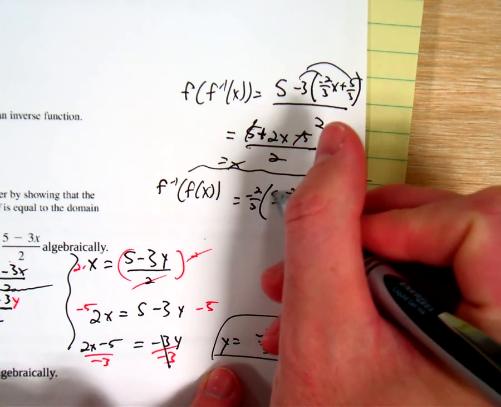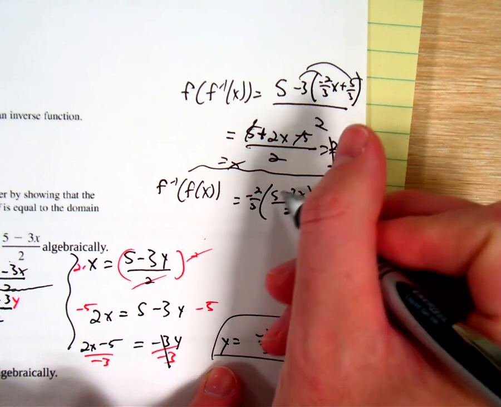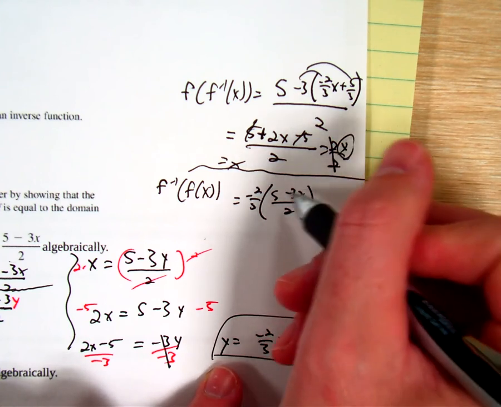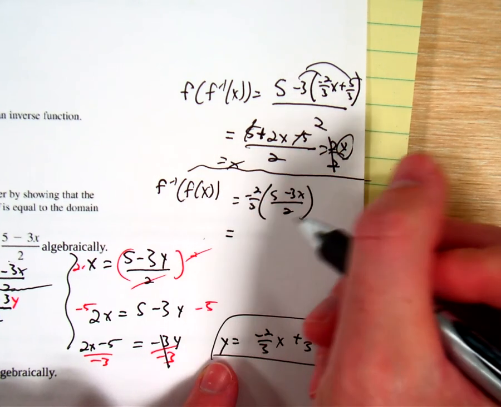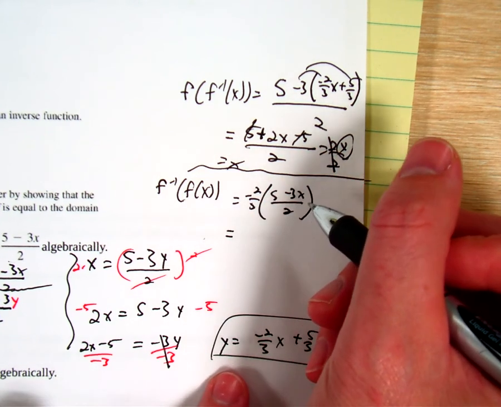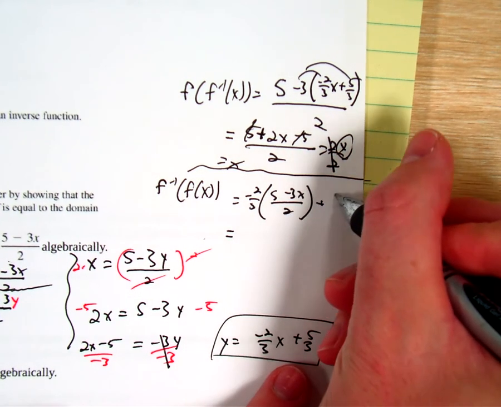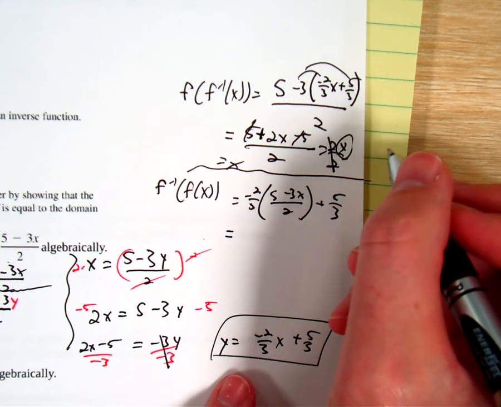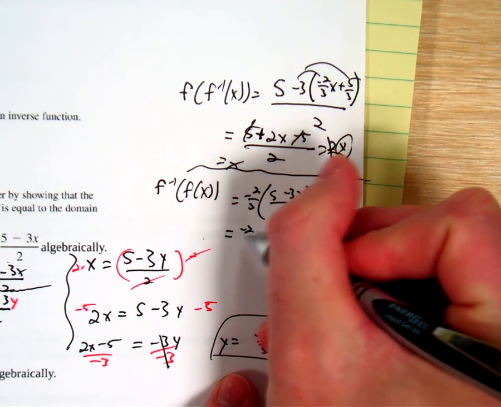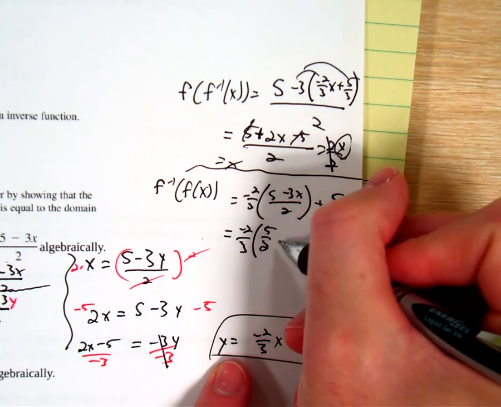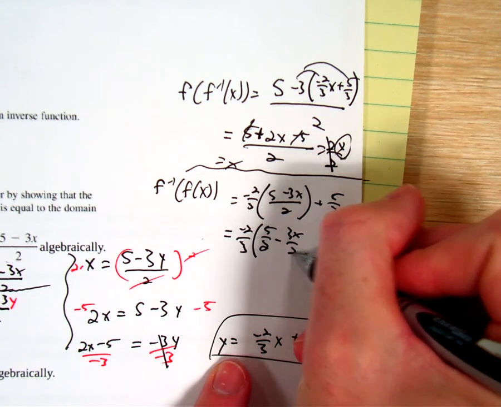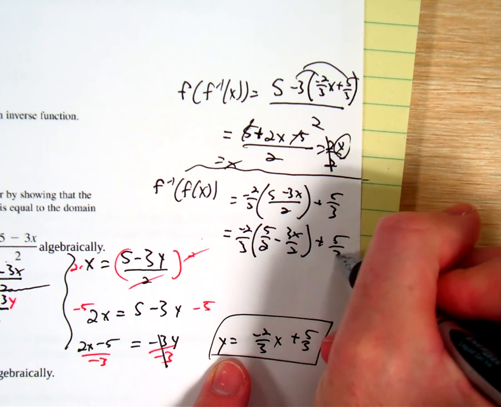I'm going to split this up into 2 separate fractions, I think. Otherwise, it's going to get a little unpleasant. Oh, I forgot my plus 5/3 out here. So we have negative 2/3 times 5/2 minus 3x over 2, plus 5/3.